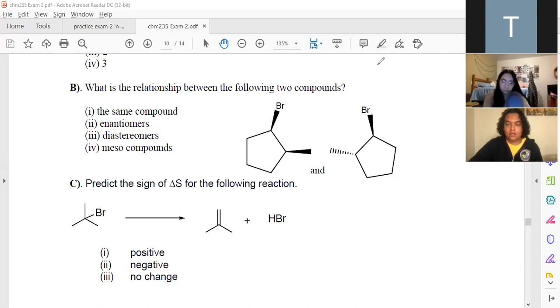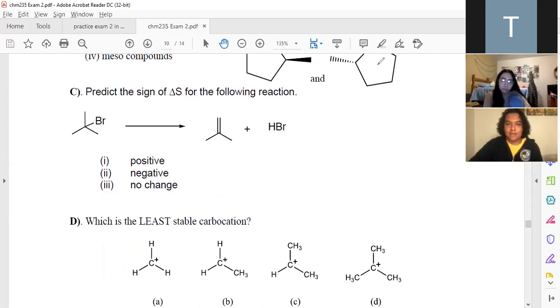Next up, predict the sign of delta S for the following reaction. Any idea? So what do you guys know about delta S?